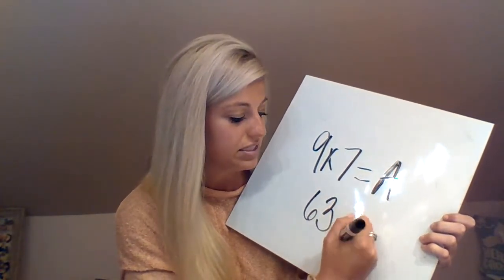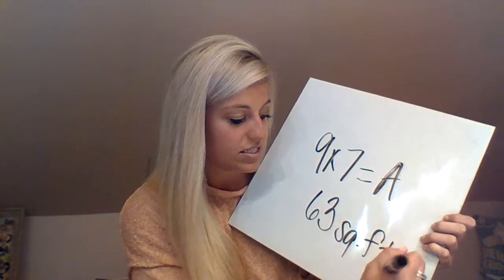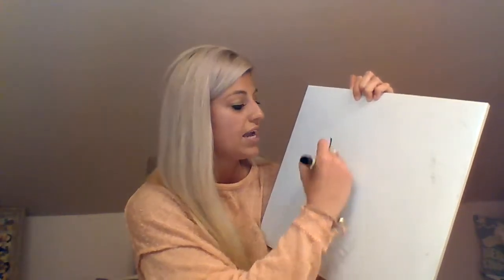So I have 63 square feet. Okay? Then on my next one, I have 6 times 8. This one's always a trickster for you guys on your multiplication tables. 6 times 8 is 48. Okay, so my answer is going to be 48 square inches. But it's already got the units on there for you, so you're good to go.